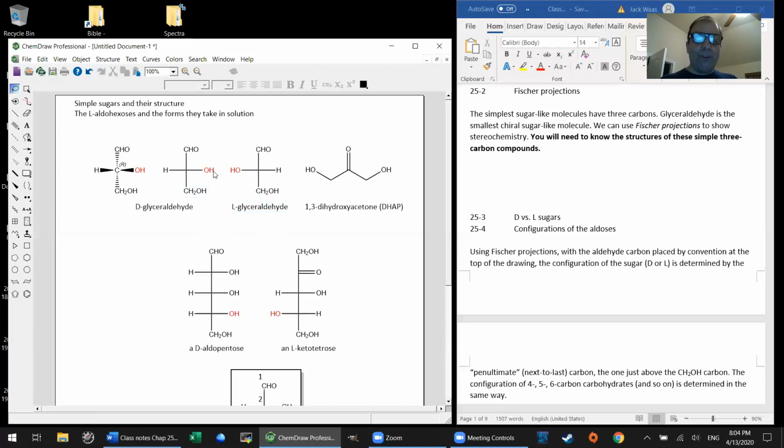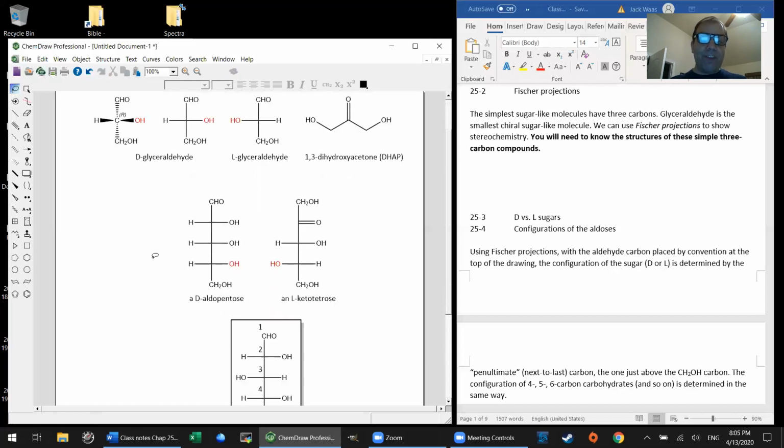And again, you want to look at the OH next to the bottom, the one that's just above the CH2OH group. I think you'll find there will always be a CH2OH group at the bottom. So it's the first chiral carbon above that last achiral carbon. That's what determines whether you're looking at a D sugar or an L sugar.